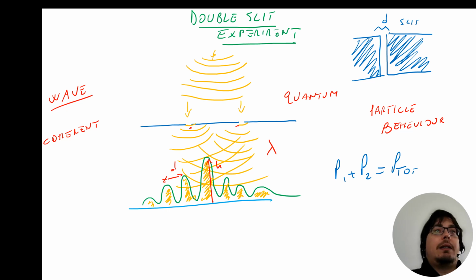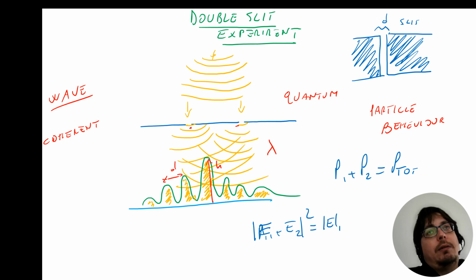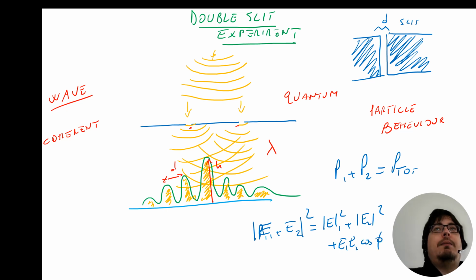So there are crests, ups and downs, because the two waves sum, and the probability is actually P1... actually it should be the electric field 1 plus electric field 2, modulus squared, which will be the modulus squared of E1 plus E2 plus E1 times E2 cosine phi, where the phi depends on the slit and the wavelength of the experiment.